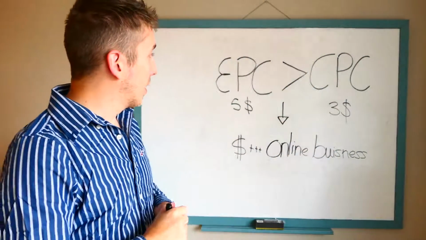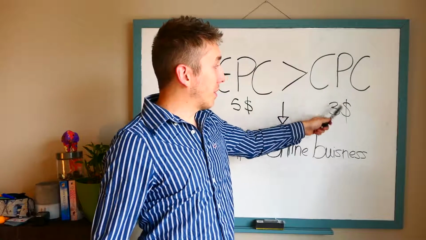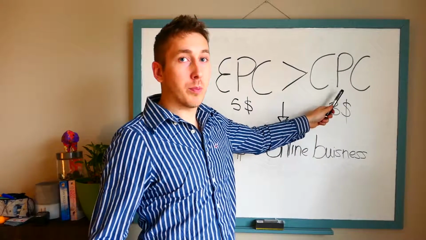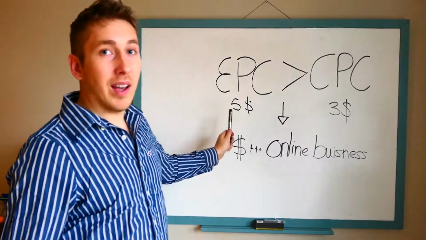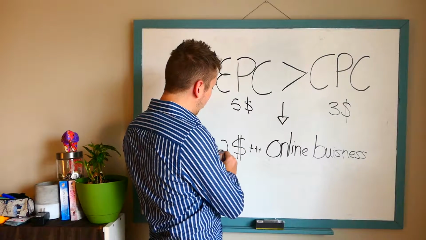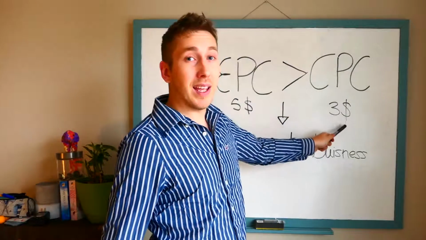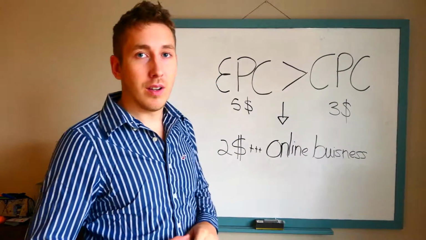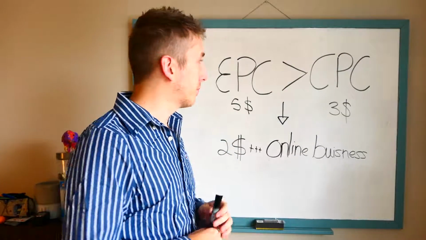That means every time somebody clicks on your link, you're gonna get $5. So basically, you're in profit of $2 each time you spend $3 on this advertising platform that you are using.